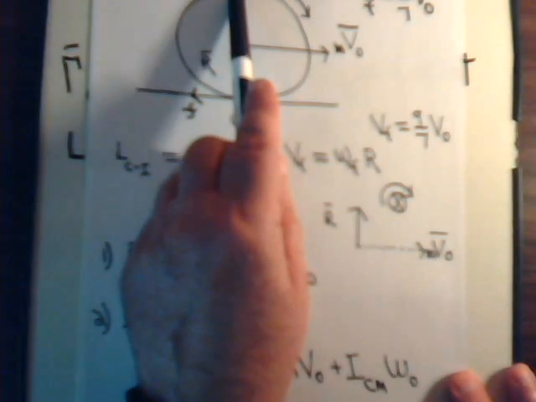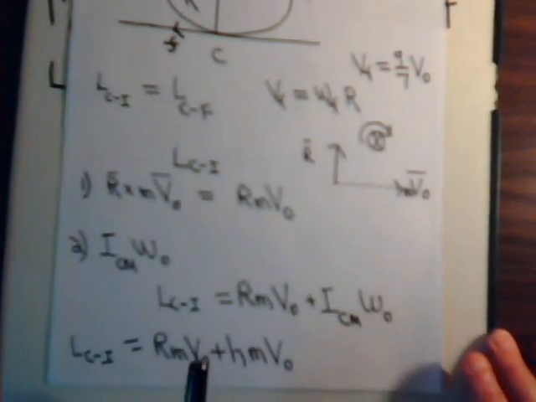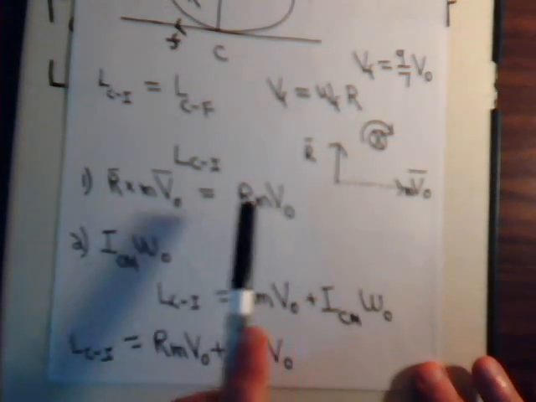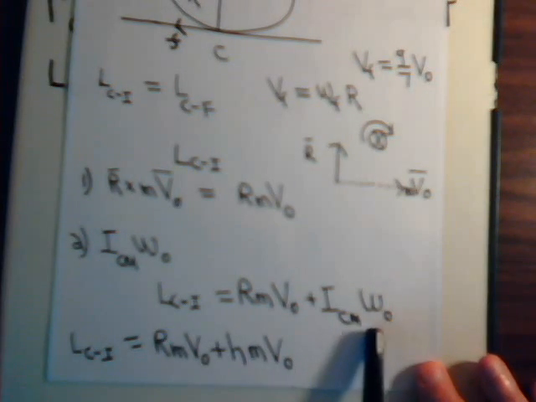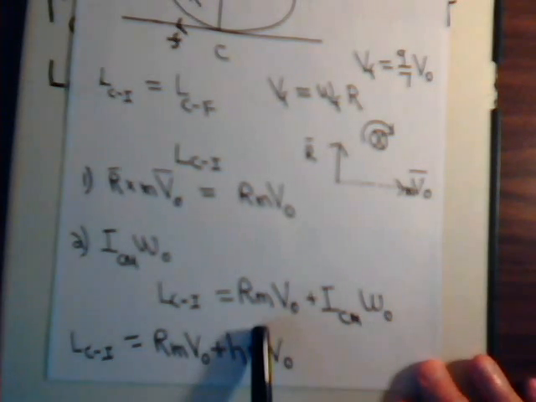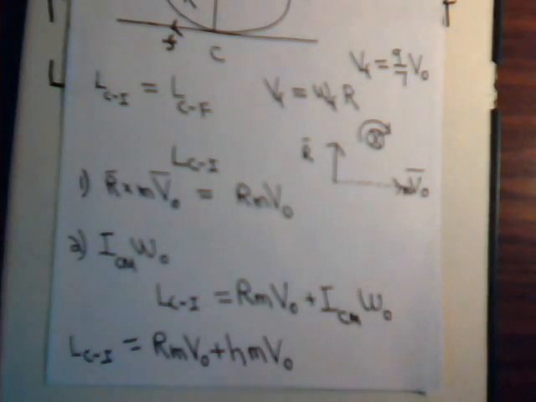So with respect to this point, immediately after the ball is struck, the angular momentum about point C equals this plus this, which we have written out right here. But remember what we derived a few moments ago concerning this. It equals this.